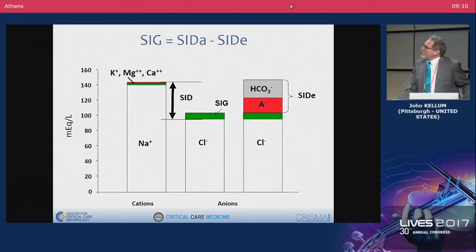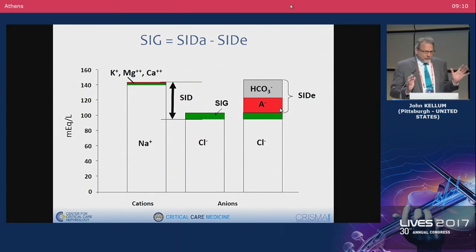But there's another way to estimate the strong ion difference, which we call the strong ion difference estimated, and that is by calculating buffer base, because this has to balance. So I can estimate the strong ion difference from the bicarbonate and the weak acid concentration.